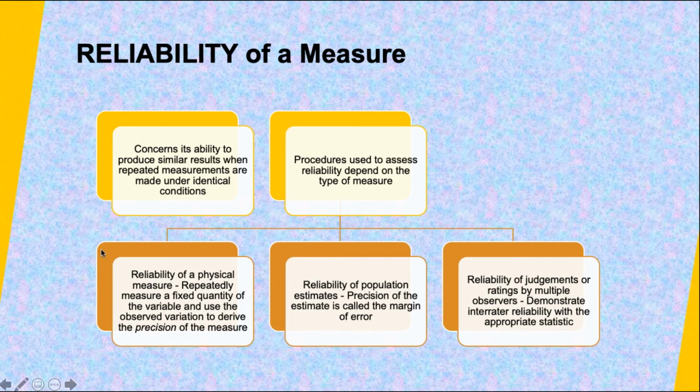Then we have reliability of population measures, where for measures of opinion, attitude, and similar variables the problem is to estimate the average value of the variable in a given population based on a sample drawn from that population. The precision of the estimate, which is the likely variation from sample to sample, is called the margin of error.